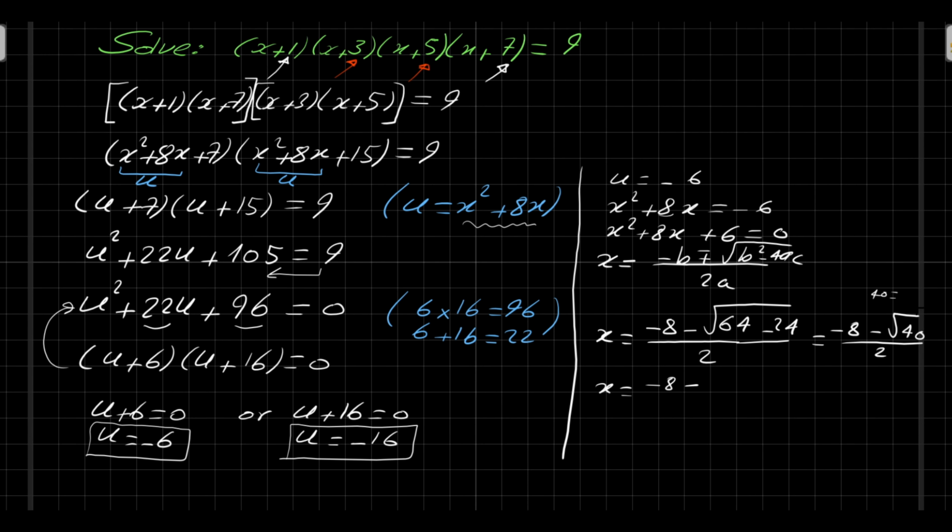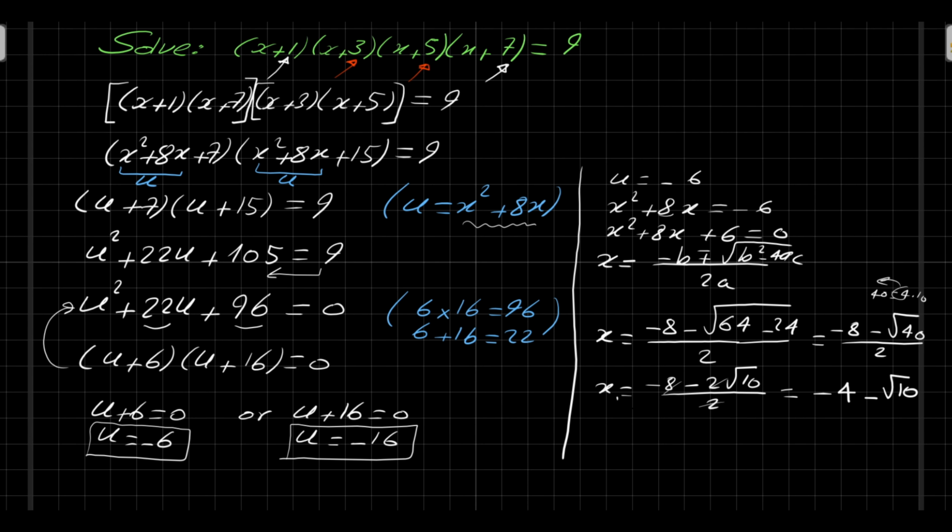40 can be written as 4 times 10, and the 4 outside the square root becomes 2 square root 10, over 2. Simplifying by 2 on both, this is negative 4 minus square root 10.